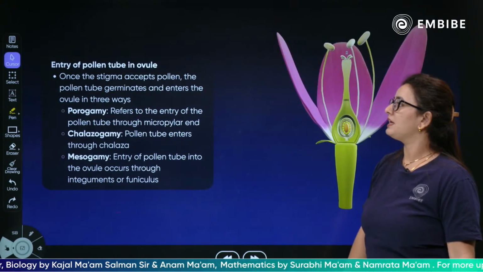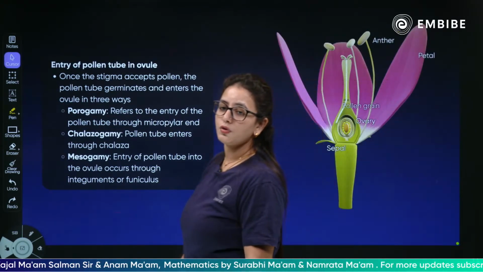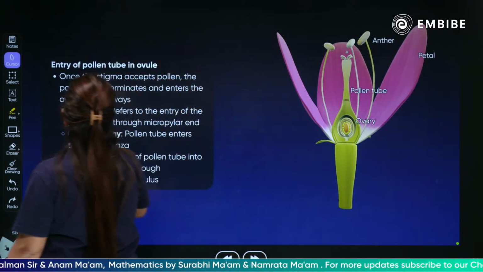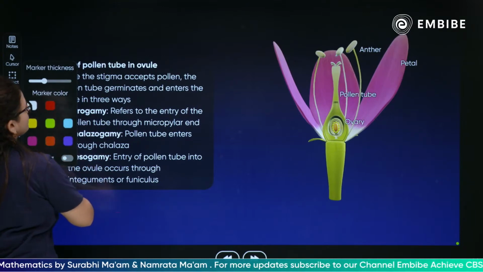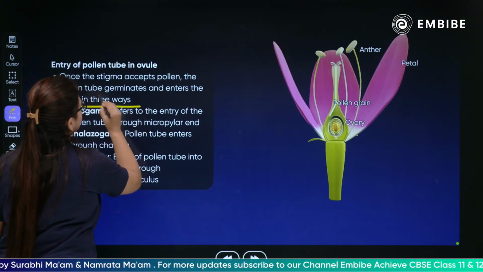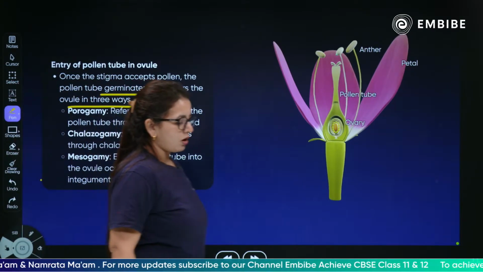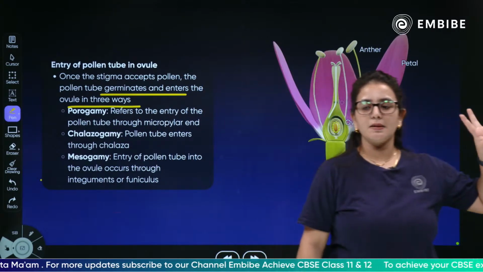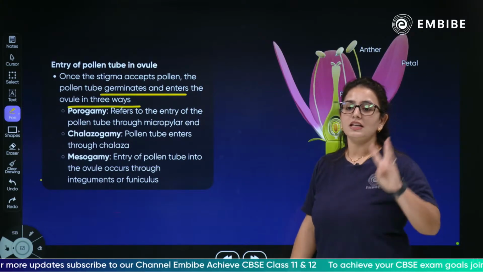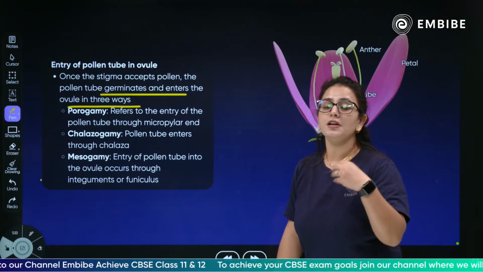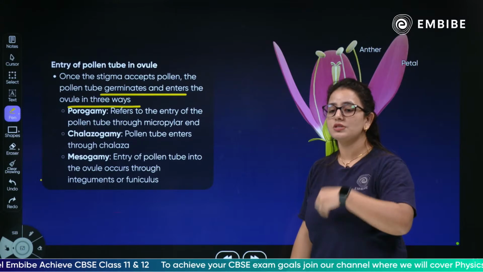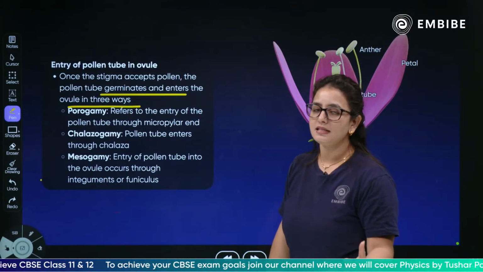Talking about the entry of the pollen tube via the ovule, what will happen after that? Once the stigma accepts the pollen, the pollen tube germinates and enters in three ways. There are three entry points for the pollen tube, three gates to enter into the ovule, and which particular way it uses defines the term.